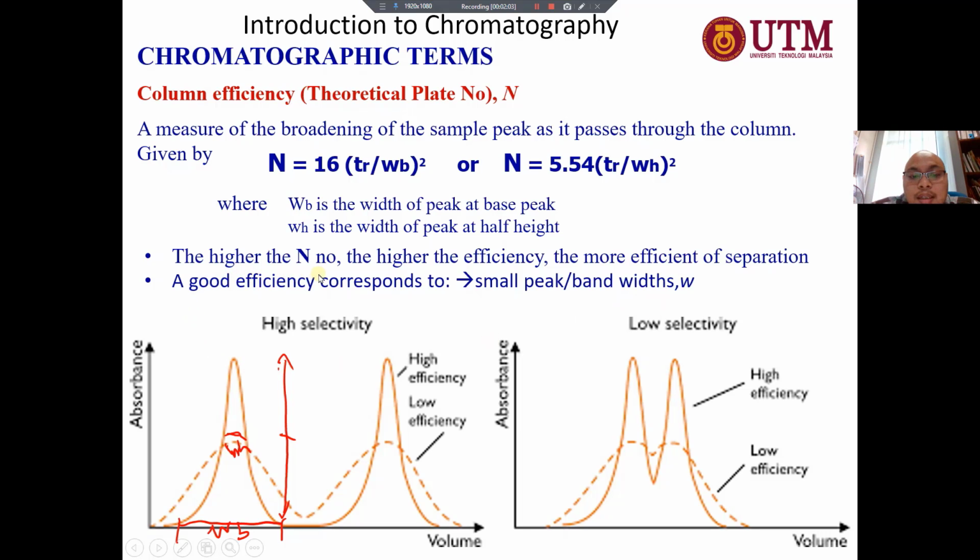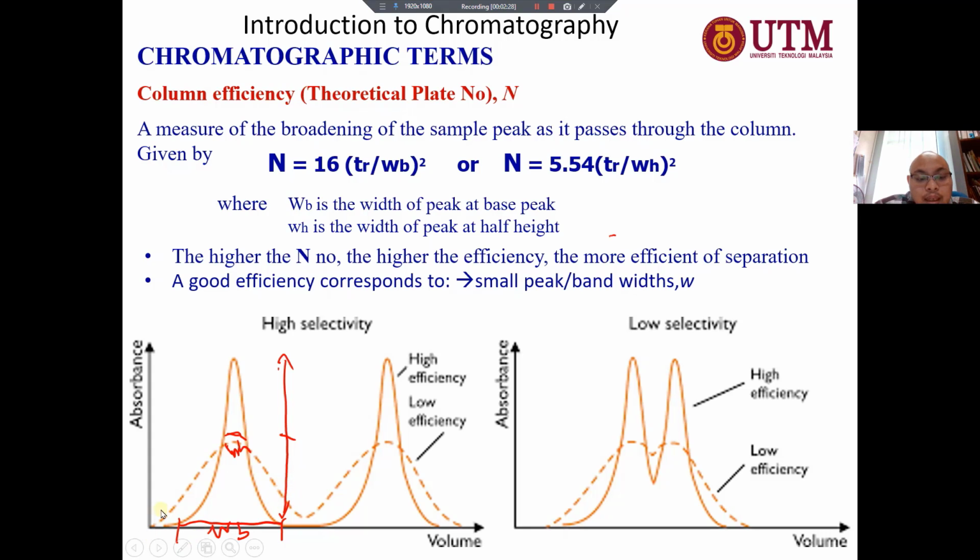A good efficiency corresponds to a small peak or bandwidth. If we look over here, the smaller the width, the better it is. We have the chromatogram with the smooth line and also with the dotted line.